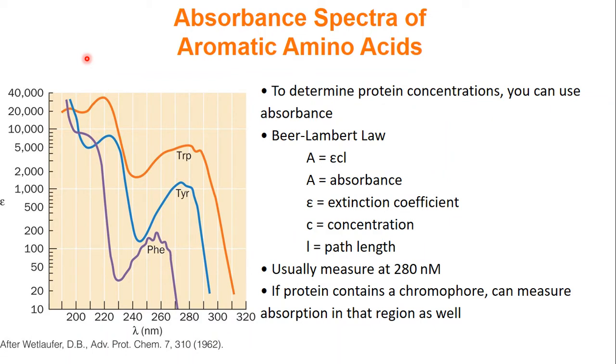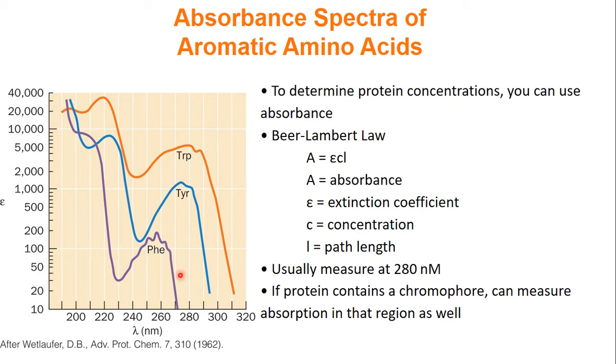In this video, we are continuing the last video on purification and analysis of that purification process of proteins. Now, when you're purifying proteins, one way you can measure the amount of protein you have is through absorbance.